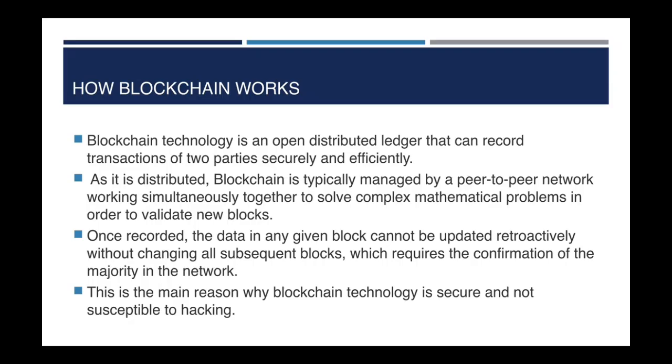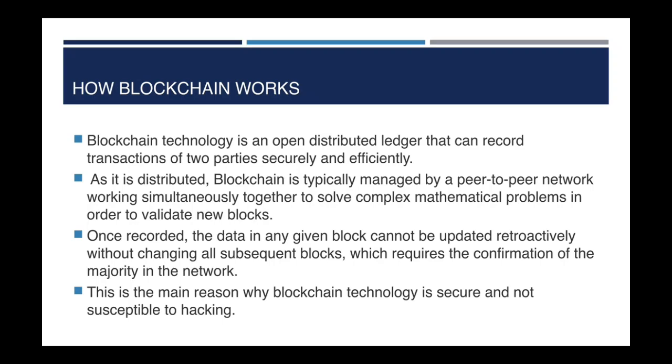Now let us understand how blockchain works. Blockchain technology is a peer-to-peer distributed ledger that can record all transactions of two peers or two parties securely and efficiently. These transactions are stored inside blocks. Blocks are linked to form a chain.